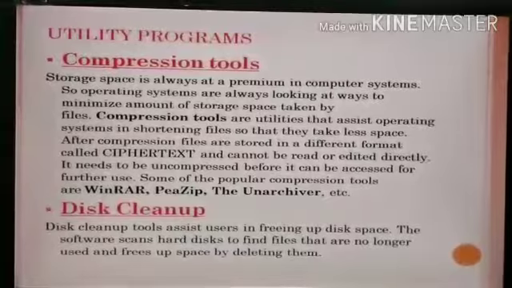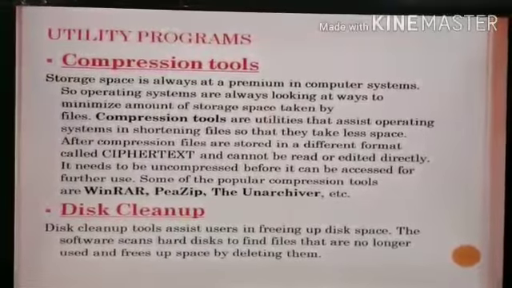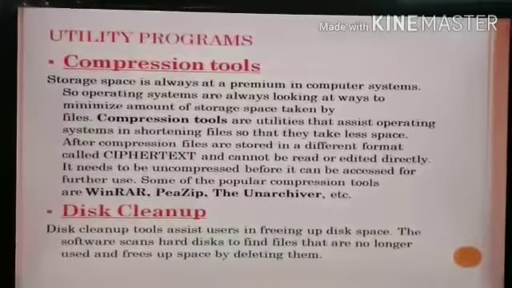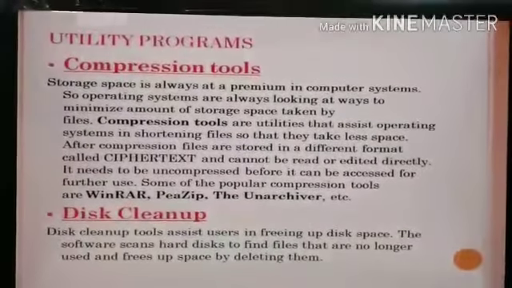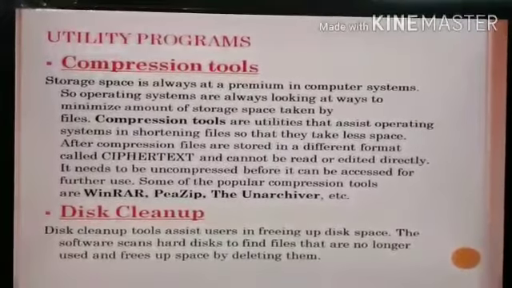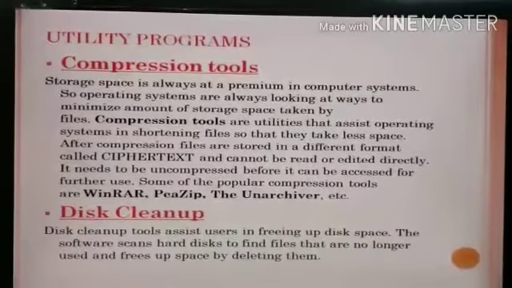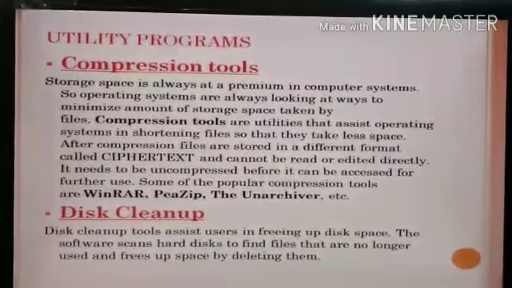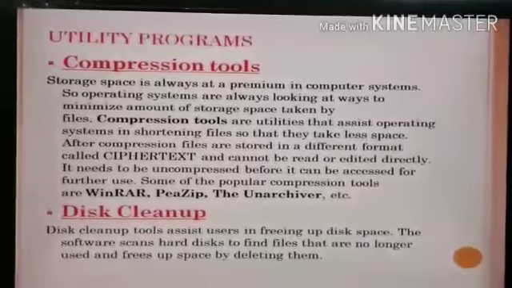To read or edit that file, we must uncompress it first, and to uncompress it we must use some software. WinRAR, WinZip, pzip, Archiver, these are the types of compression tools which we can use to compress or decompress our data.